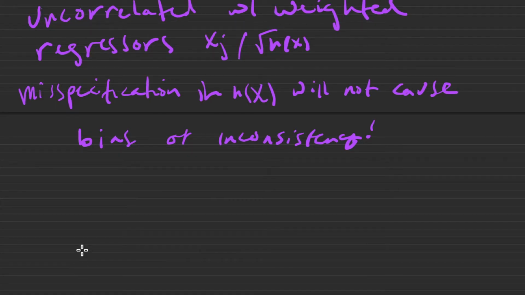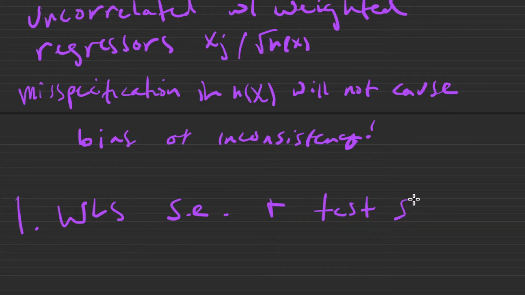Now let's take a look at the consequences. Number 1, as we discussed, the weighted least squares standard errors and the corresponding test statistics are going to be invalid.